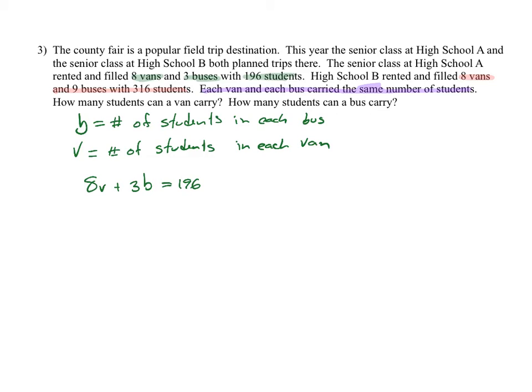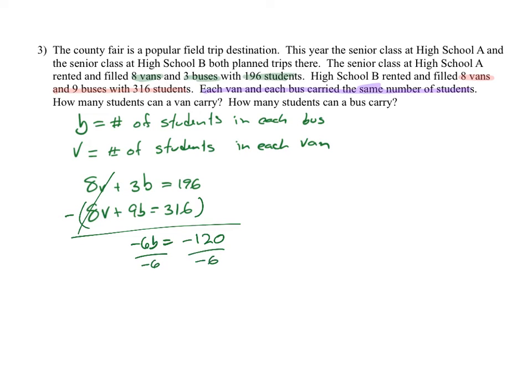And in high school B, I have 8V plus 9B equals 360 students. Now that the van terms are the same, I just need to subtract the equations. So this cancels out. I have negative 6B equals negative 120, and I'm going to divide by negative 6. So B equals 20 students. So each bus carries 20 students.